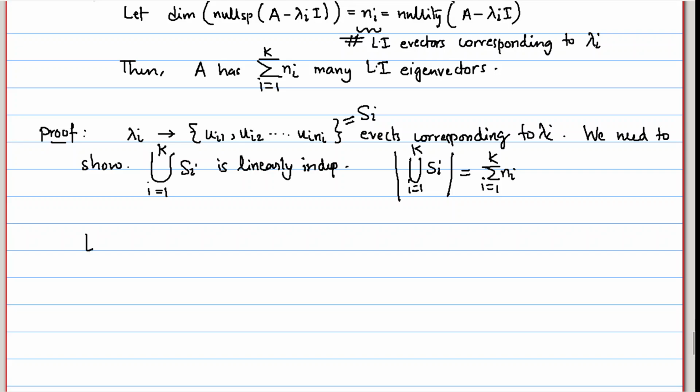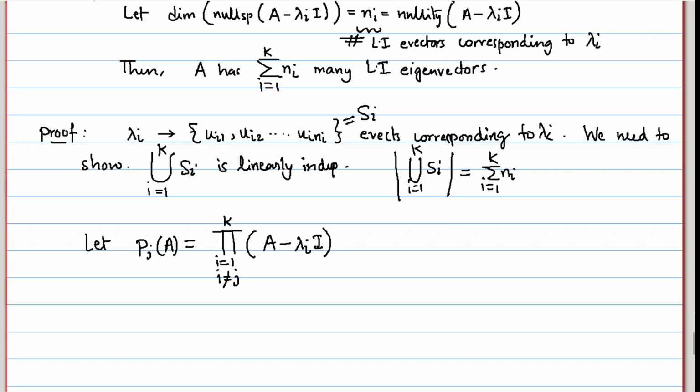Let P_j(A) be a polynomial such that we take the product of all A minus lambda_i I, for i running from 1 to k, but not taking the one where i is equal to j. So you're only taking those i which are not equal to j.